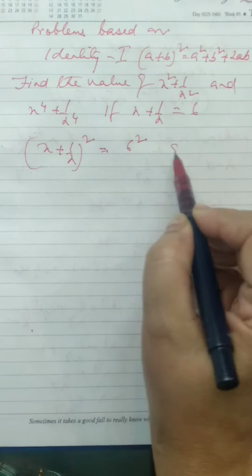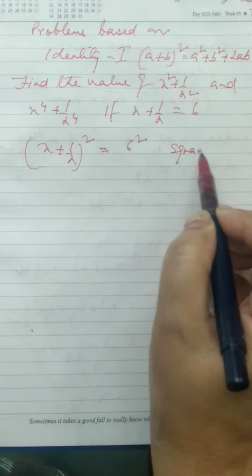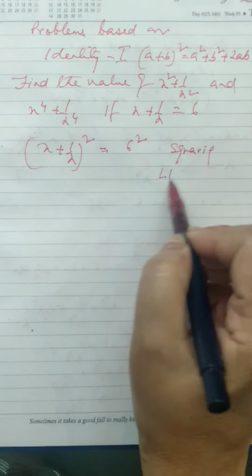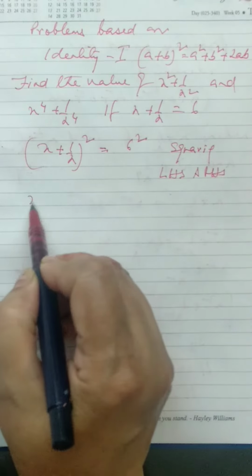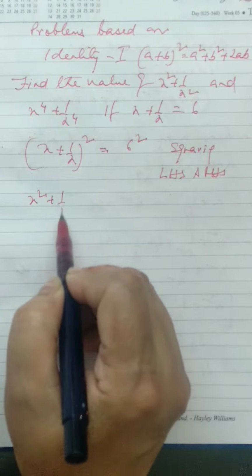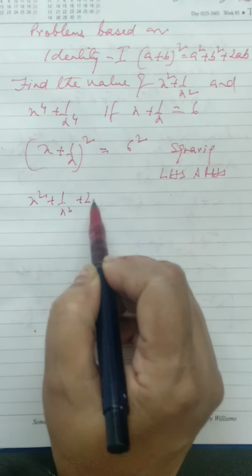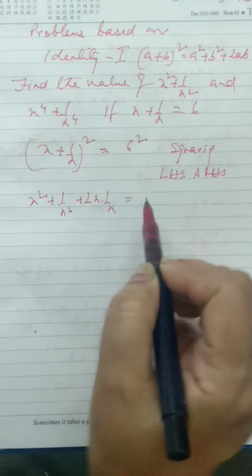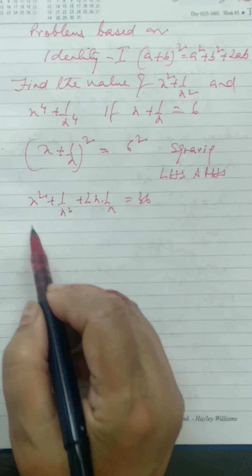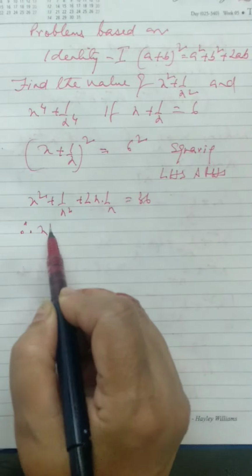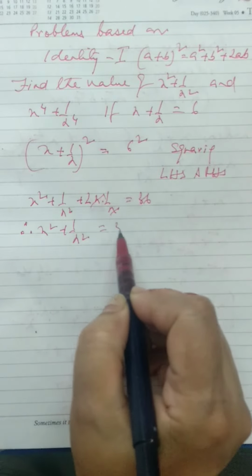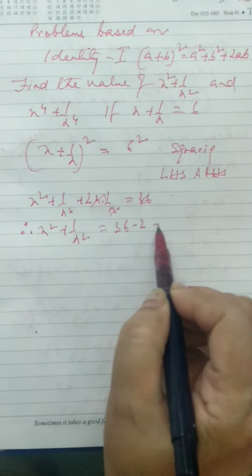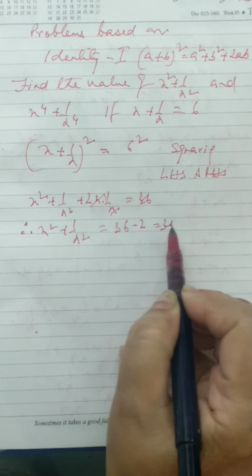This we get by squaring both sides, LHS and RHS. Therefore, we get x² + 1/x² + 2·x·(1/x) = 36. Hence, x² + 1/x² is equal to 36 minus 2, that is 34.